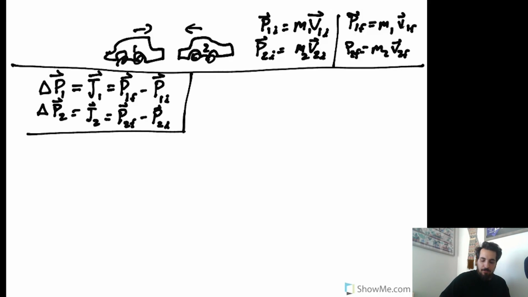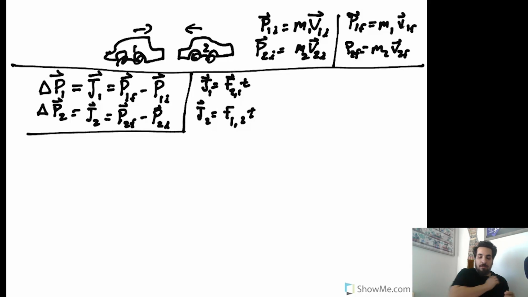We define those interactions by looking at the force that the objects feel and multiplying it by the time that they are experiencing those forces, right? So t here is the time of the collision. F is the force it feels. Well, for car 1, we would say that the force it feels is car 2 pushing on car 1. And for car 2, we have that the force is the force of car 1 pushing on car 2 multiplied by the collision time. So here we have our impulses defined by the forces they feel.